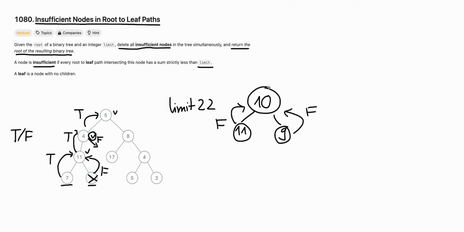That is the reason why this tree does not satisfy the condition of greater or equal to the limit value. So that's why we need to erase all nodes in this tree. It means that here we will return the value of none, right? Because here we have the limit as 22, right? Okay, so let's make the code together.